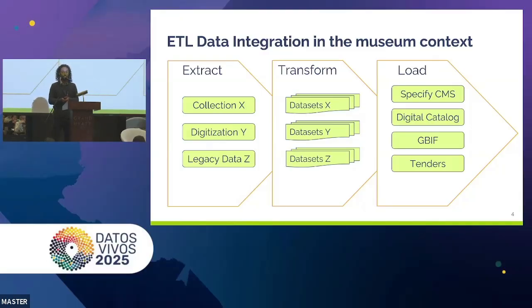For example, in our museum, we have a collection management system, Specify. We also have a digital catalog as a media repository to access the media of our collection objects. And as a final destination, of course, GBIF. And there are also third parties involved that need to collaborate with our data.